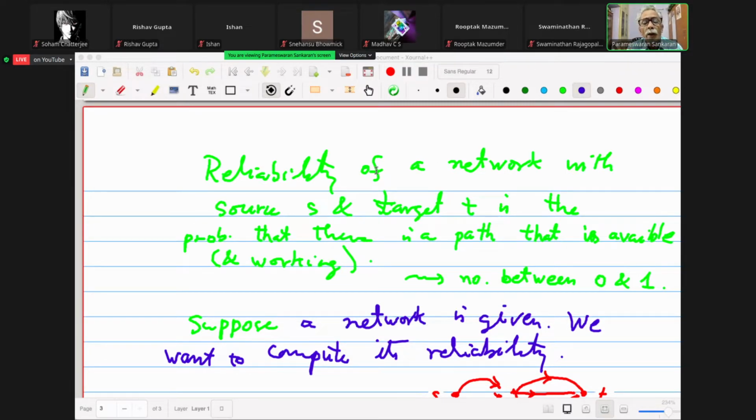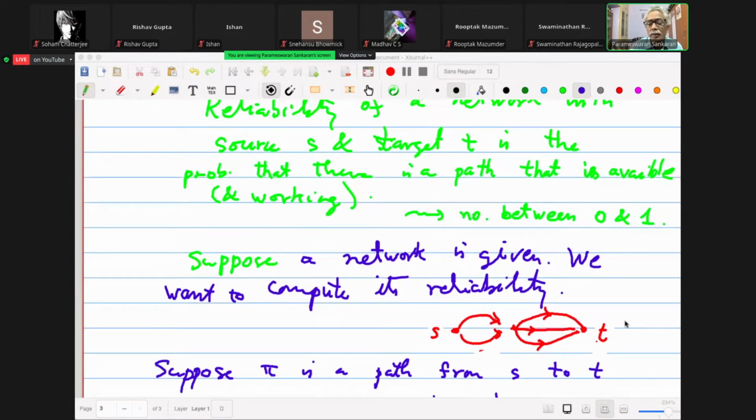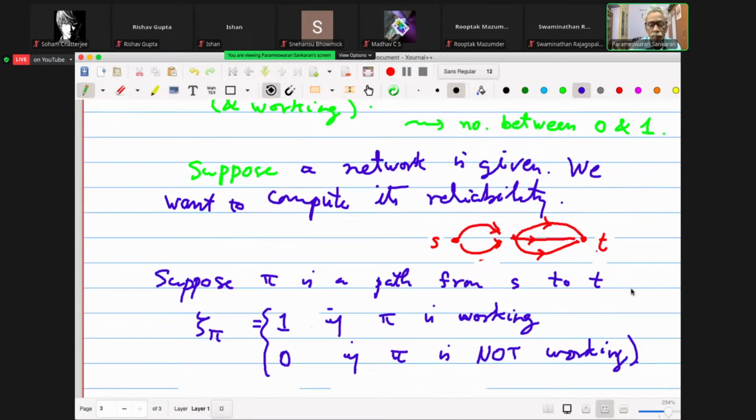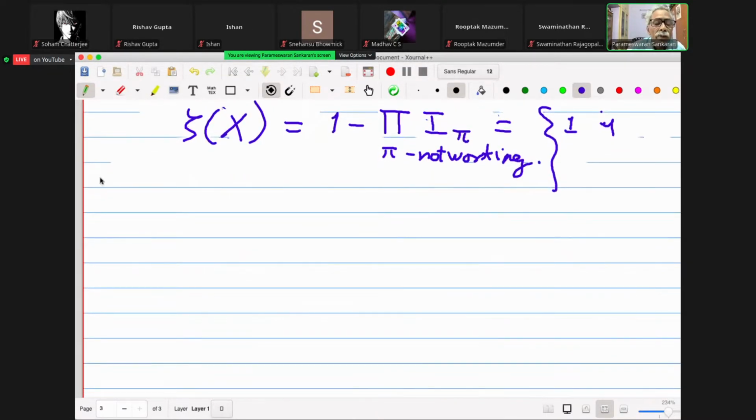You have a random variable X, which assigns this probability pe corresponding to each edge. It's a slightly complicated concept. I think I sort of messed up this one, but let me attempt it once again.